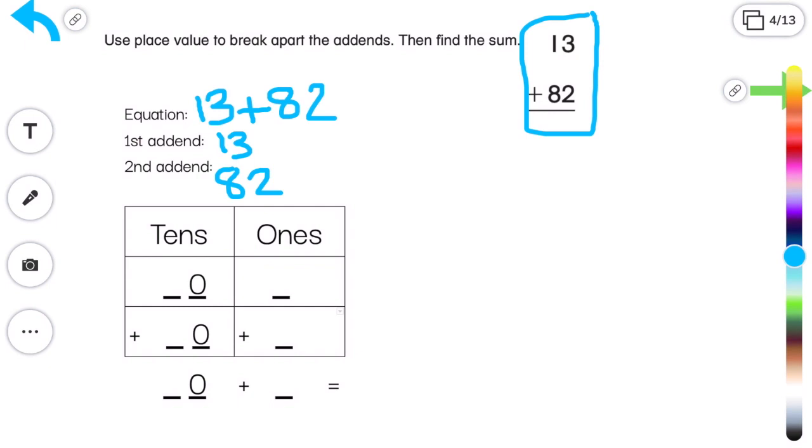When we have 13, that means we have 1 ten, which has a value of 10, and we have 3 ones. So here's 13 right here, 10 and 3. 82, we have 8 tens, which means 80, and 2 ones.